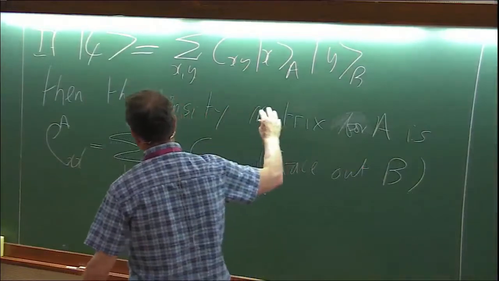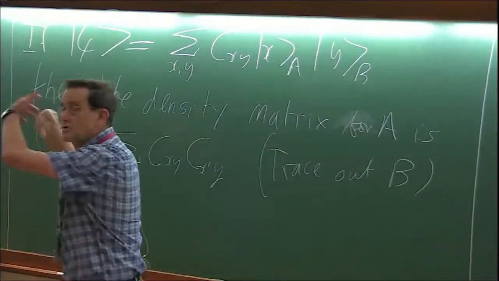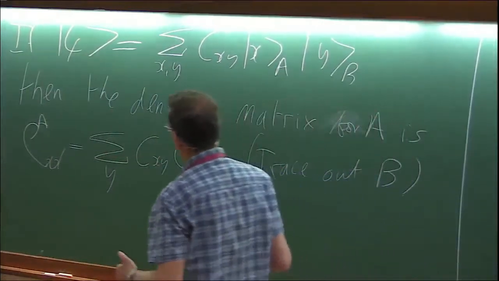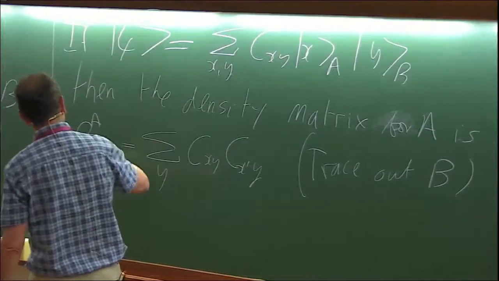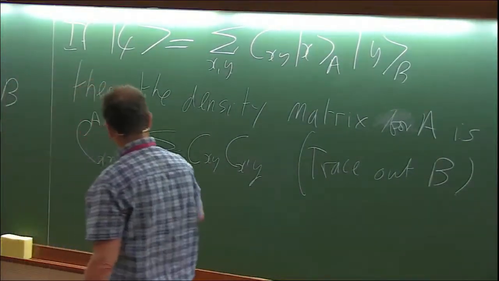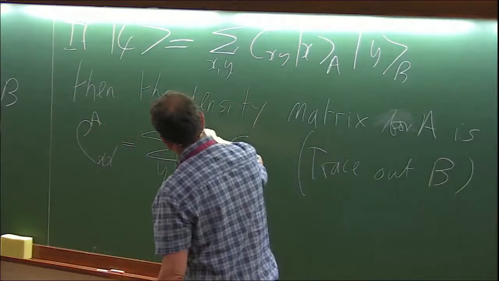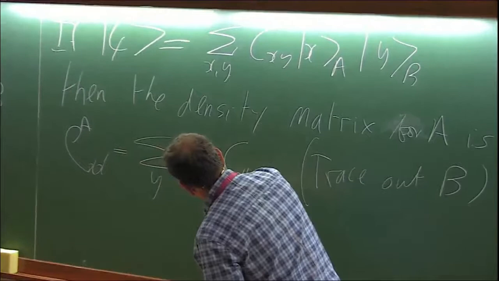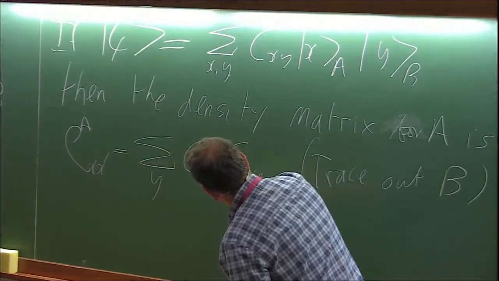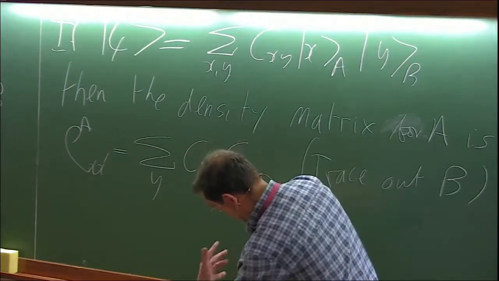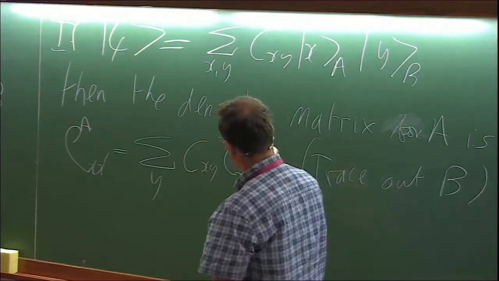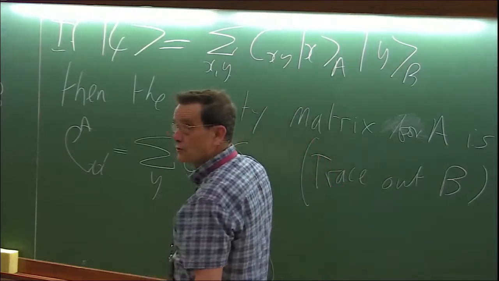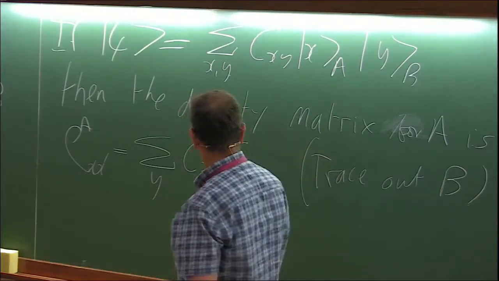So then one can compute the density matrix, say for subsystem A, which is obtained by tracing out the effects of subsystem B. The XX' element of the density matrix for A is obtained by the amplitude for A to be in state X and B to be in state Y, times the amplitude for A to be in X' and B to be also in Y, summed over Y. So this is tracing out the subsystem B. And as was pointed out, if these coefficients were complex, one of these should be a complex conjugate.